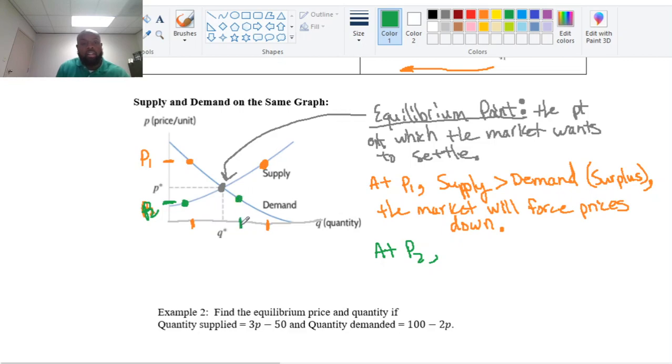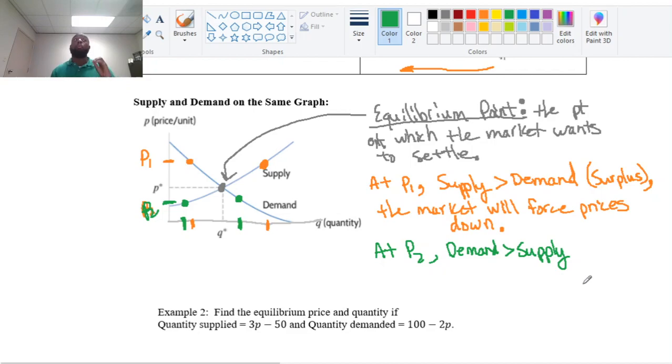So this quantity, if I think about a number line, is definitely bigger than this quantity here. The one to the right is bigger, right? And this is the quantity demanded at a price of P2 per unit, and this is the quantity supplied at a price of P2, dollars per unit. So here, demand is greater than supply.